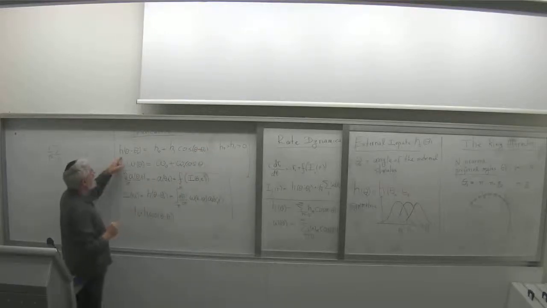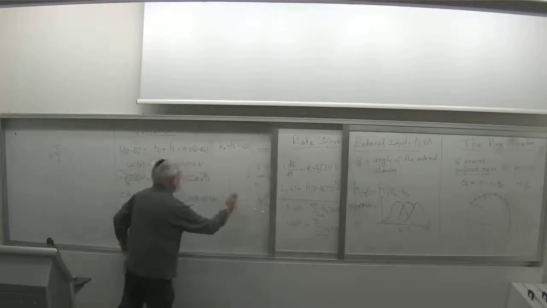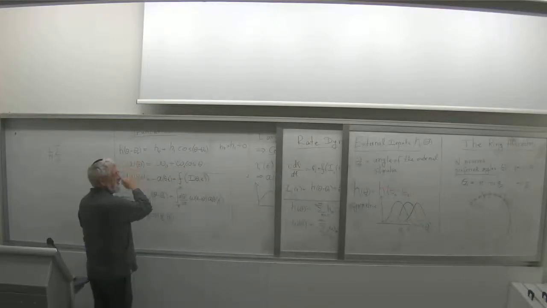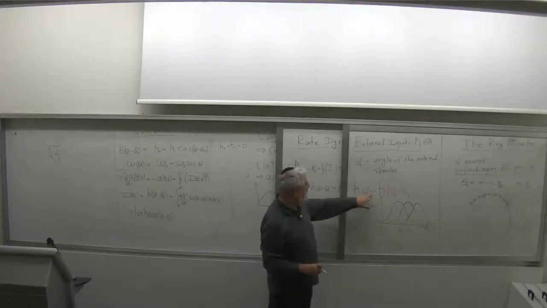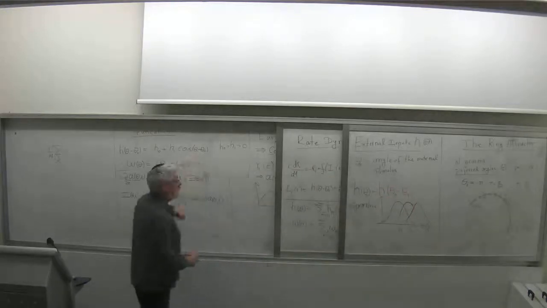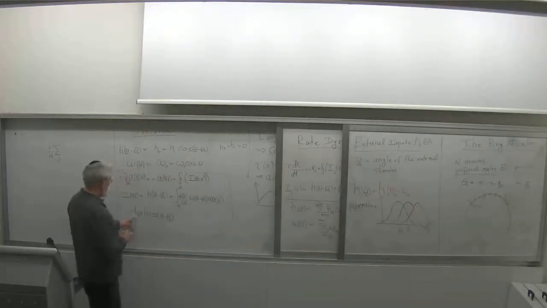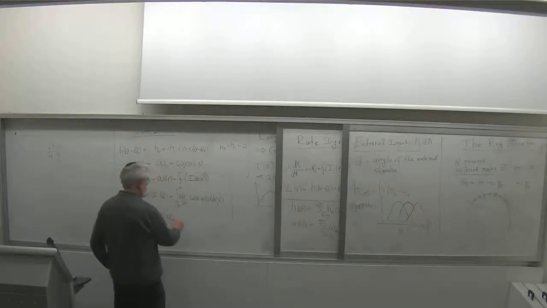H should be a function of theta minus theta 0. H_i of theta 0 is h of theta 0 minus theta_i, and therefore it is this one. So h0 plus h1 cosine of theta minus theta 0, plus what we have here.